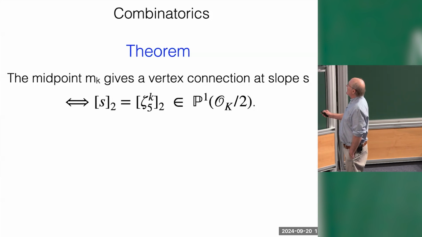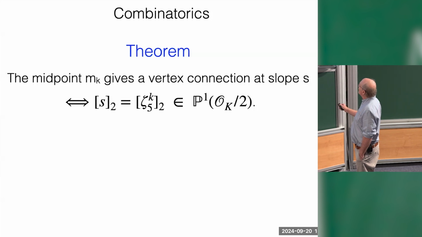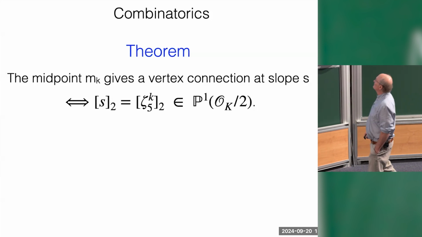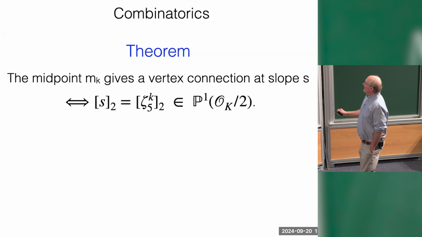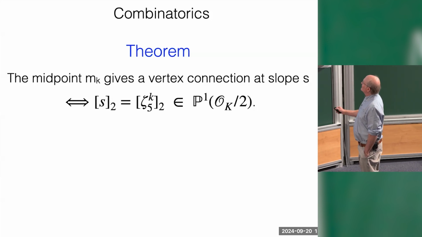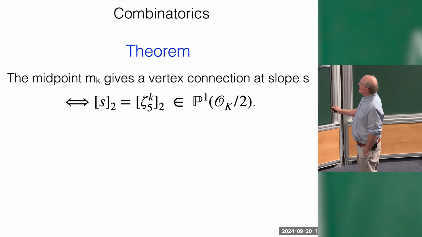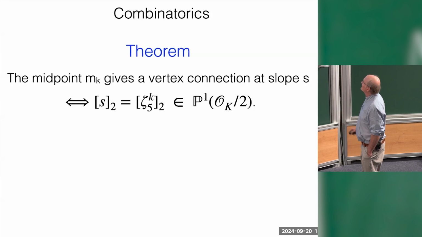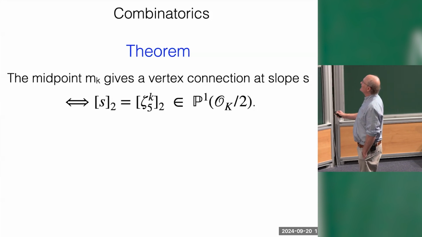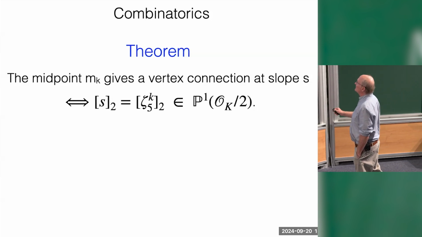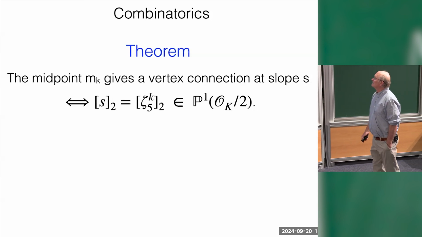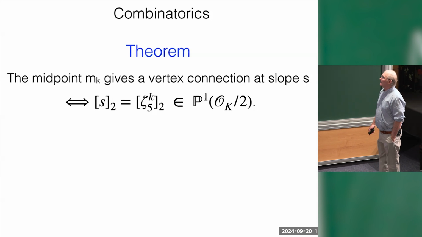You take your slope S, and there's a way to use it to define a point on the projective line over the ring of integers mod 2. And the desired midpoint M_k gives the vertex connection exactly when that slope mod 2 coincides with the 5th root of unity to the kth power reduced mod 2.